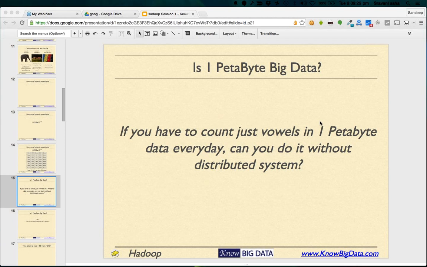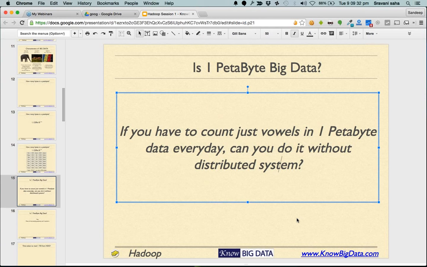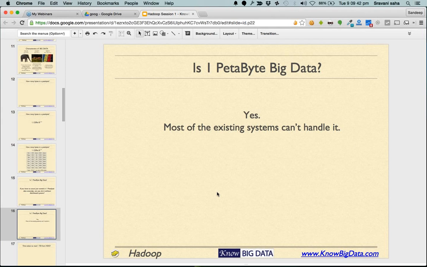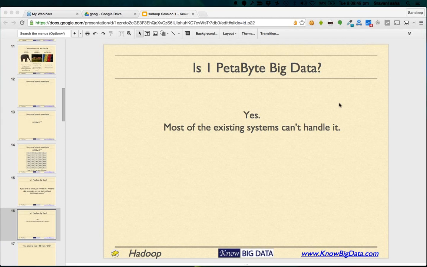The main bottleneck in such a case is the IOs, the rate at which you can read the data from your disk. So is 1 petabyte big data? Yes. Most of the existing systems cannot handle it. Most of you are correct when you said yes.